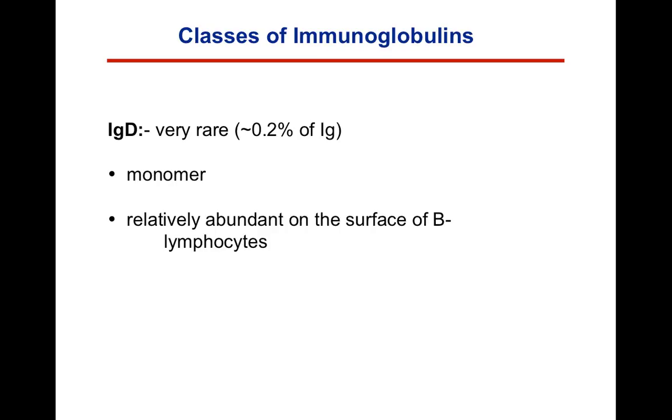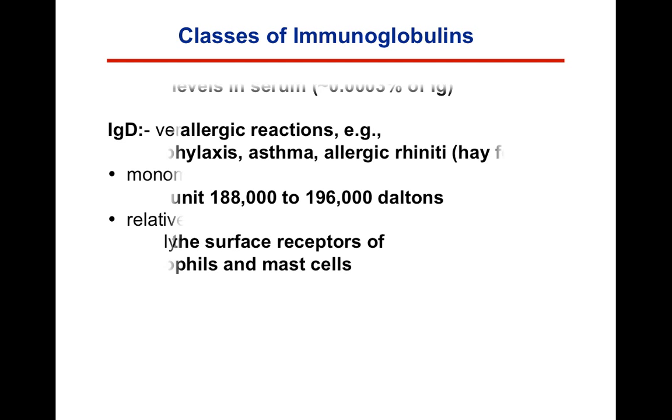This switching is called class switching, and they're not really important in terms of antibodies that are produced and excreted for the immune response. They're important, at least we think, in terms of how antibodies are produced within those cells, and they're pretty rare if you see them excreted.